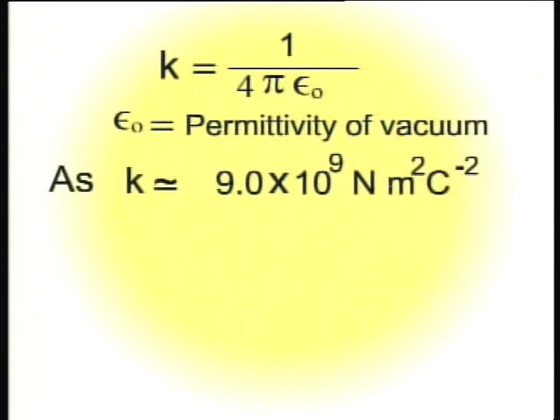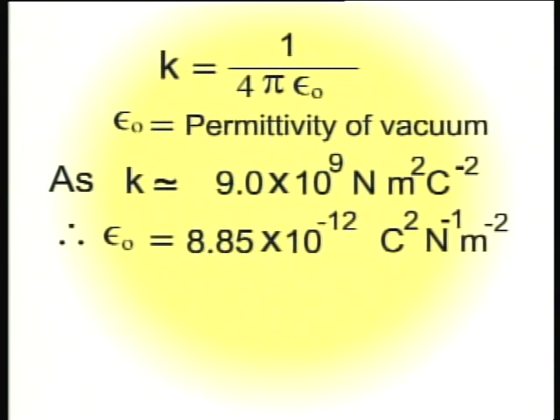In SI units, the value of this K is 9 into 10 raised to the power 9 Newton meter square per Coulomb square. We find epsilon naught is equal to 8.85 into 10 raised to the power minus 12 Coulomb square per Newton per meter square.